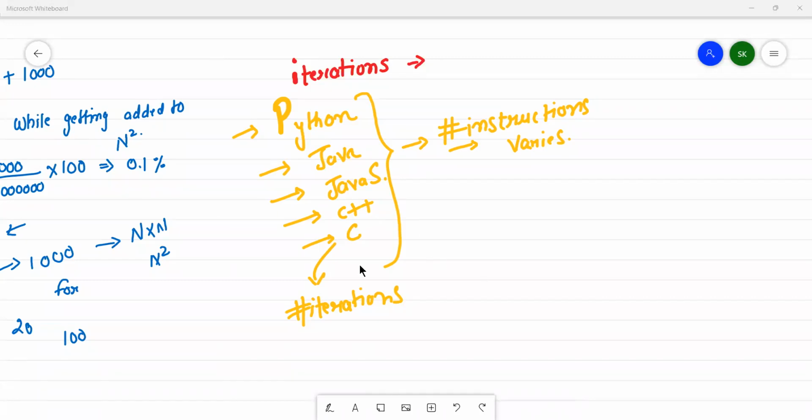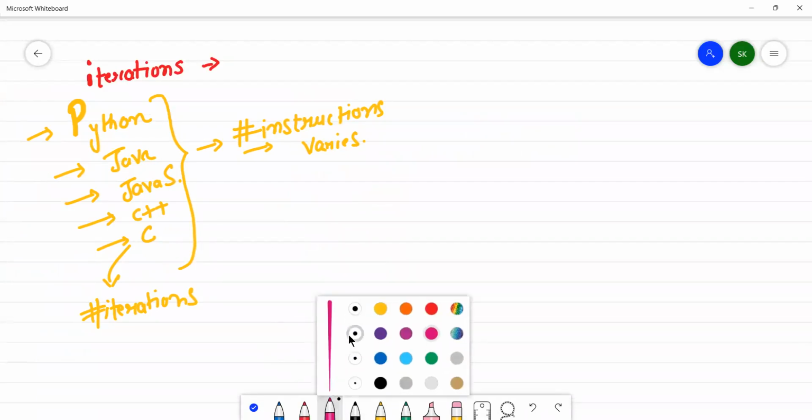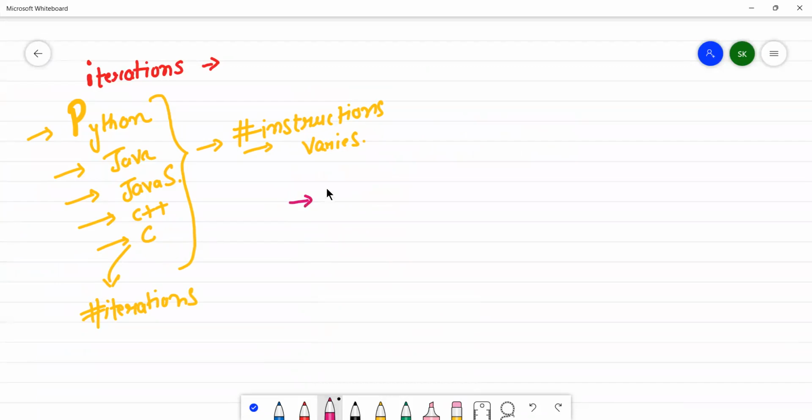Now coming to the number of iterations, we generally assume, according to our programming language, that inside a for loop, the maximum number of instructions that can happen, considering the average case, will be 10.